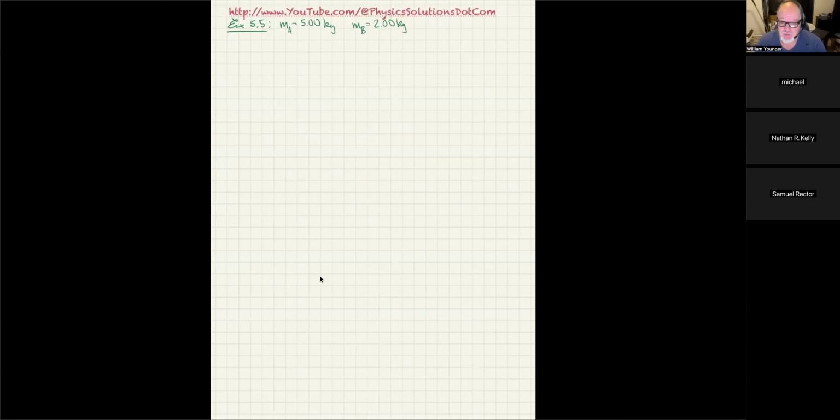Again, I'm adding an extra sig fig just because I like working with three sig figs instead of two. The coefficient of kinetic friction between box A and the table is 0.20, so that's mu_k, for kinetic, is 0.200. Again, I added an extra digit. And what they want to know is the acceleration equals question mark.